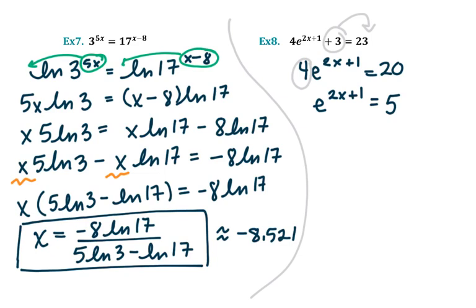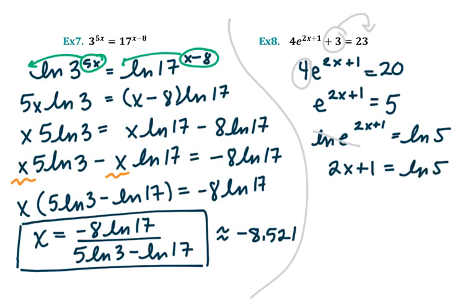So just that little bit of rearranging, moving terms over. Now it's pretty basic. I can take the natural log of both sides of the equation, the natural log of e to the 2x plus 1 equals the natural log of 5. Since the natural log and e, our base, are both in terms of e, I can cancel them, and I have 2x plus 1 equals the natural log of 5.